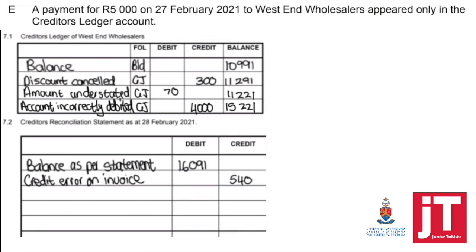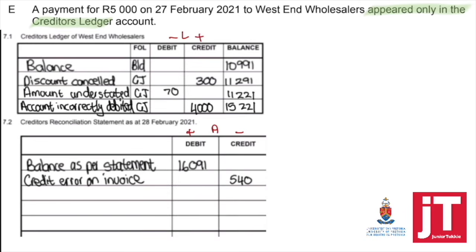Transaction number E, a payment for 5,000 on 27 February 2021 to West End Wholesalers appeared only in the creditors ledger. So if it appears in our books in the creditors ledger and it does not appear on the statement, it means we need to take it to the creditors reconciliation statement.